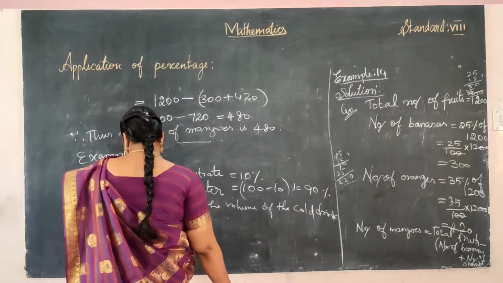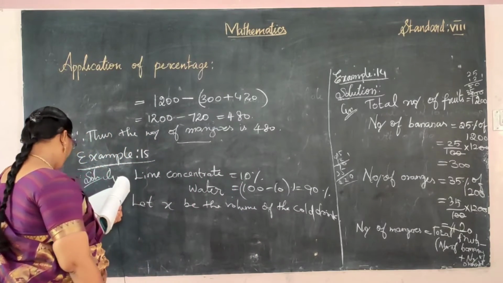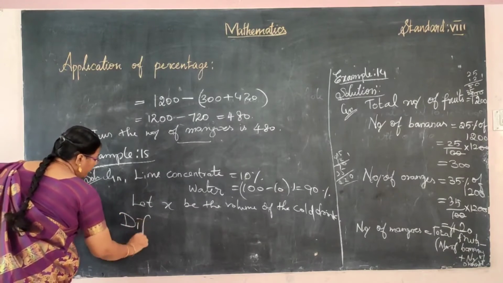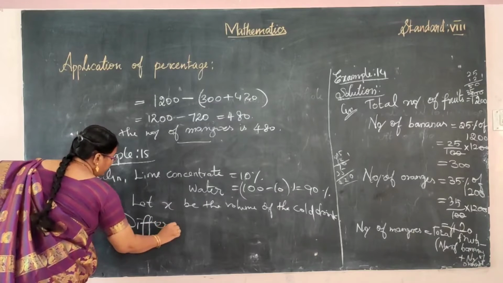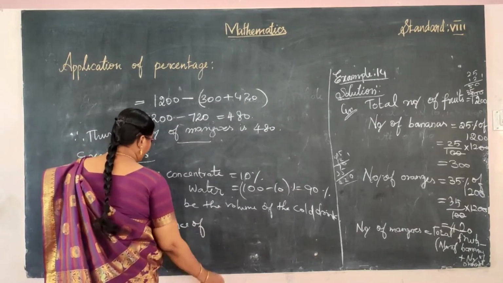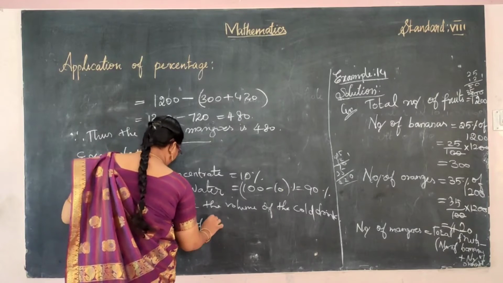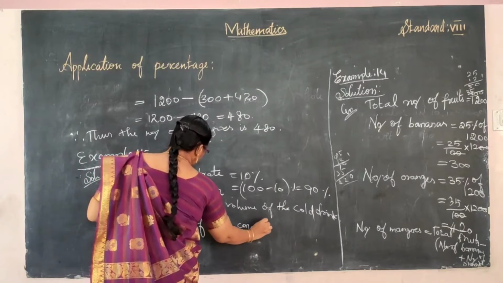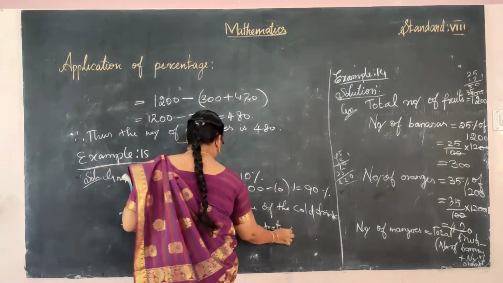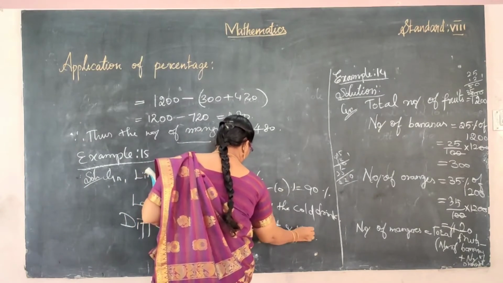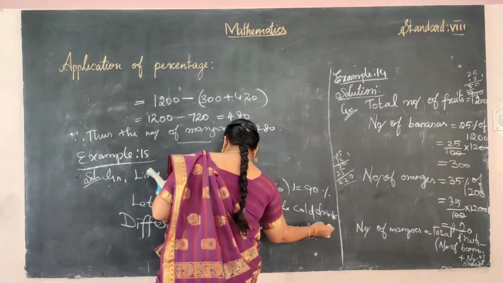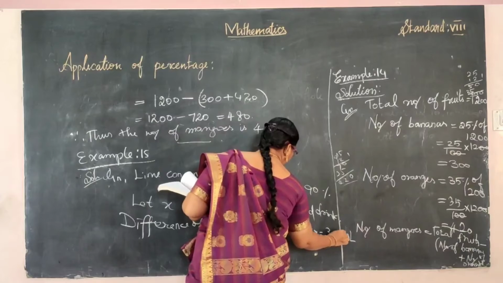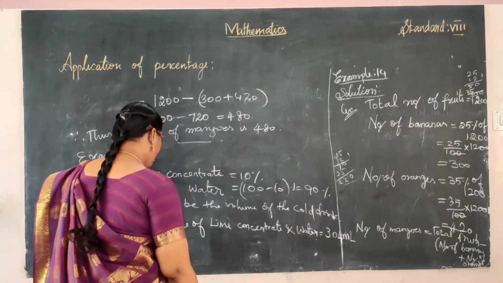Then the difference in the volume of water and lime concentrate is equal to 304 milliliter.